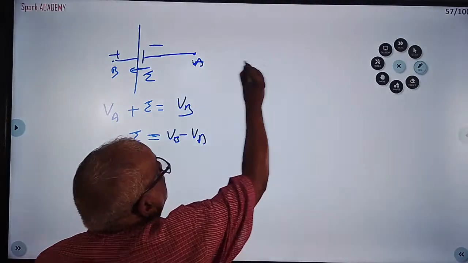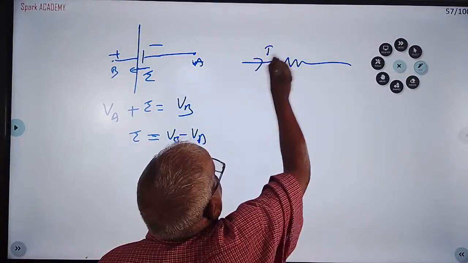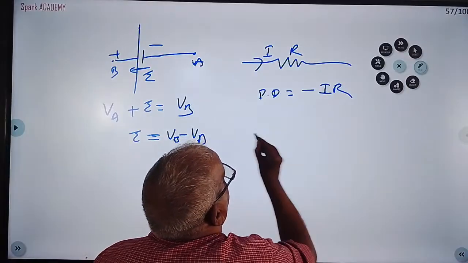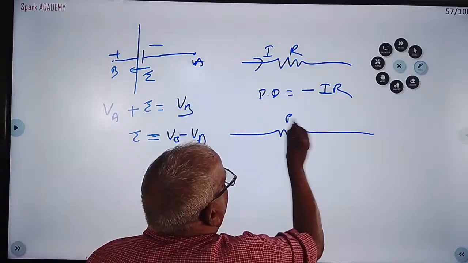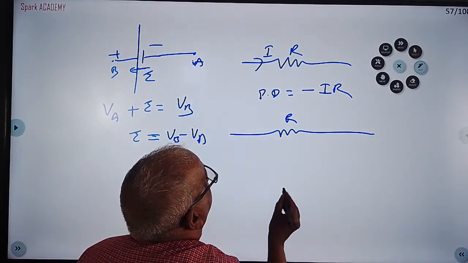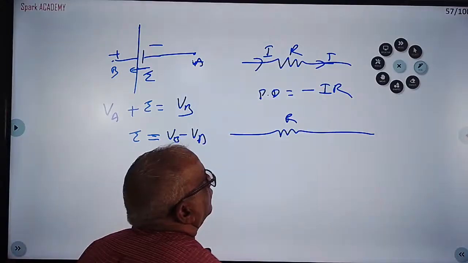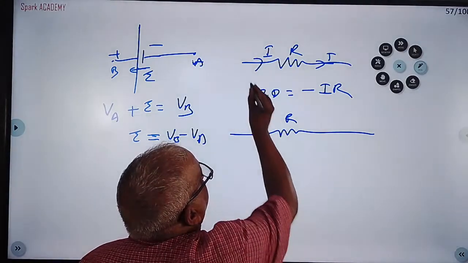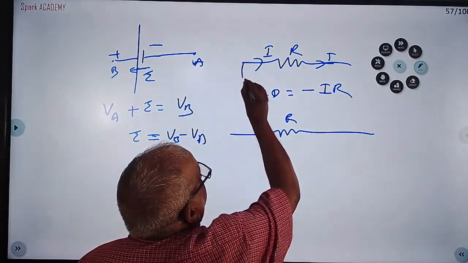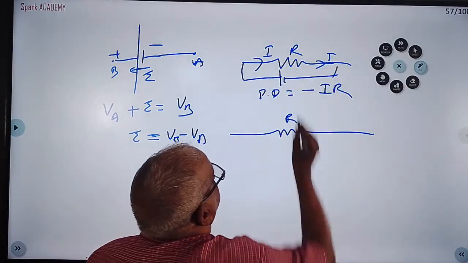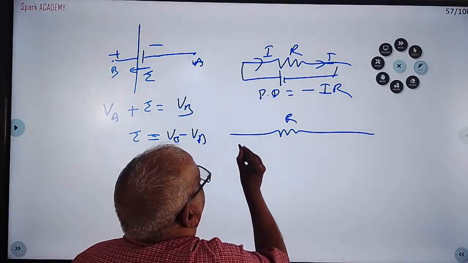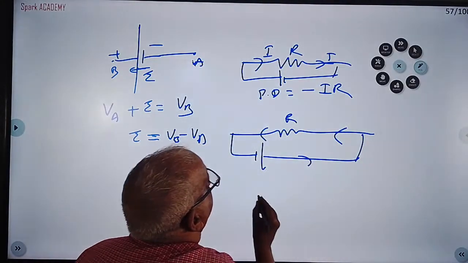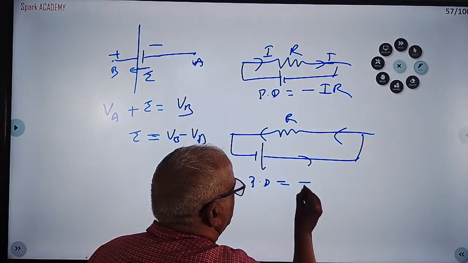For resistors in the direction of current, the potential drop is minus IR. For example, if the current direction is upward, going like this, the cell is connected like this, so the potential drop is plus IR.